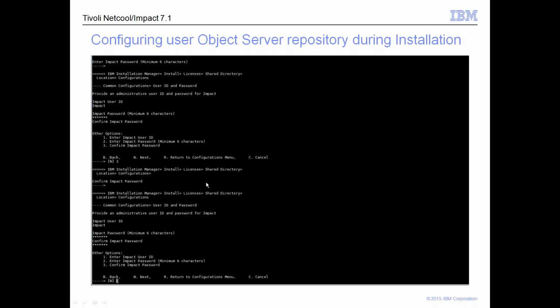In my case, I've chosen a user called Impact, and that Impact user already does exist on the object server. I also put in the password confirmation, and that's it. That's pretty much all you need to do to set up the repository for the object server during installation.